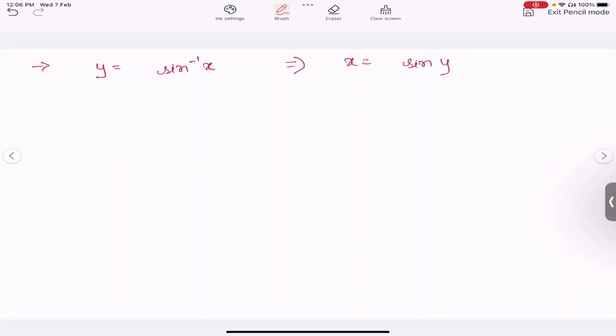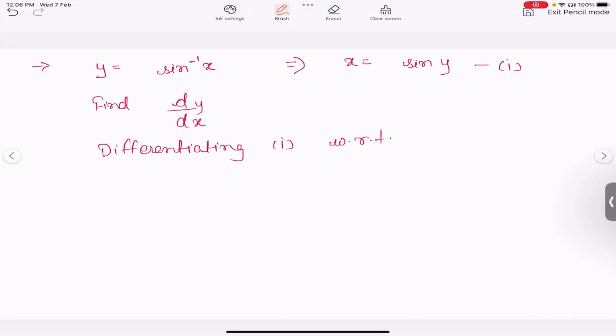Now we have to find dy by dx of sine inverse x. So we will differentiate both the sides with respect to x. Differentiating, dx by dx, which is 1, will be equal to d by dx of sine y.